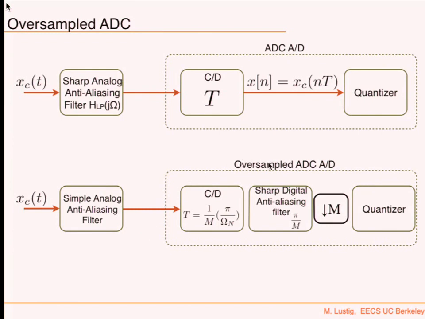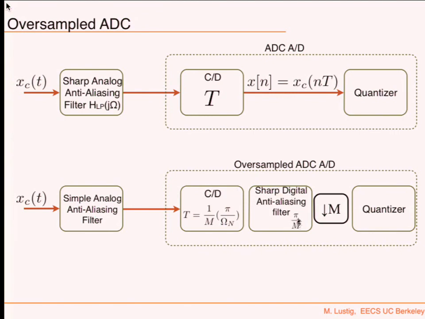Then we're going to oversample the signal. So sample at a rate which is M times faster than the Nyquist rate that I'm planning to, then implement, instead of doing this filtering in the analog domain, which is difficult, a sharp digital anti-aliasing filter that can also compensate for some of the weighting, or some phase response, that the simple analog anti-aliasing filter did.